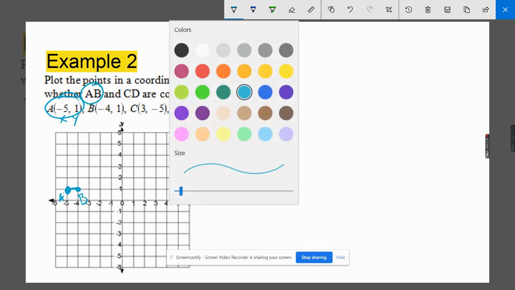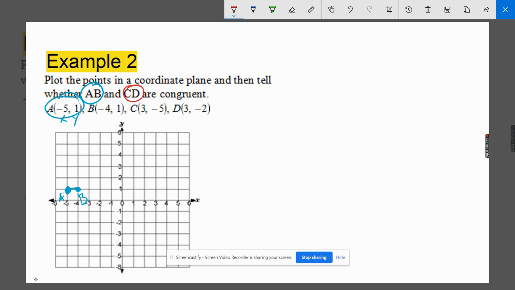And then we'll go to CD. So C is at 3, negative 5. 1, 2, 3, 4, 5. C. And then D is at 3, negative 2. Okay. Is segment AB congruent to segment CD? Well, that's 1 unit.